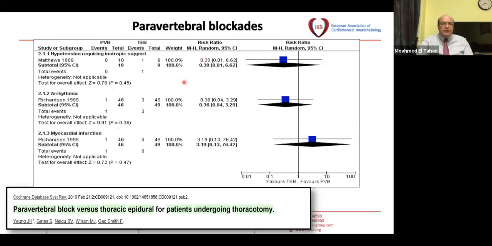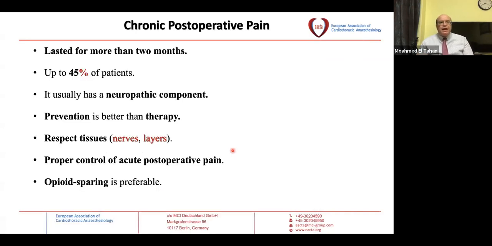In this study, comparing thoracic epidural with paravertebral, thoracic epidural was associated with more incidences of hypotension requiring inotropic support and more incidence of arrhythmia. So paravertebral could have comparable analgesic effects to thoracic epidural, but fewer complications.